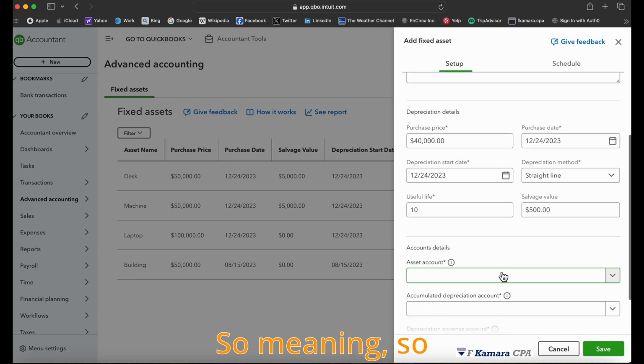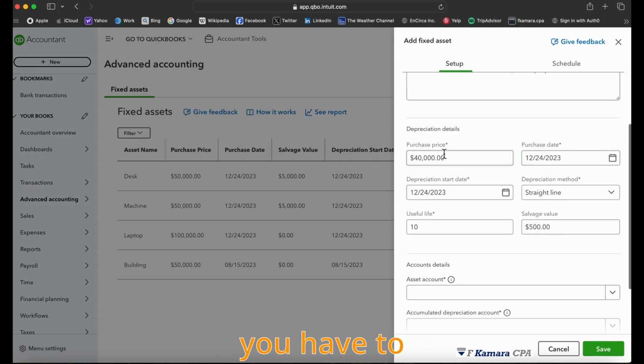That's the reason why for the straight line method, you have to deduct the salvage value before you apply the depreciation, because they don't want you to depreciate the asset below its salvage value. Straight line means we are spreading the cost of the asset evenly over the years.